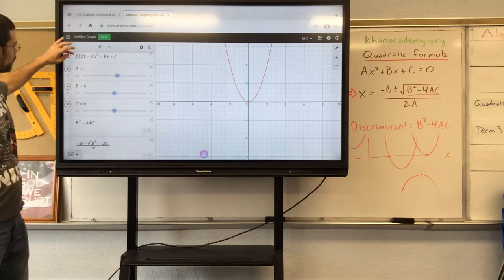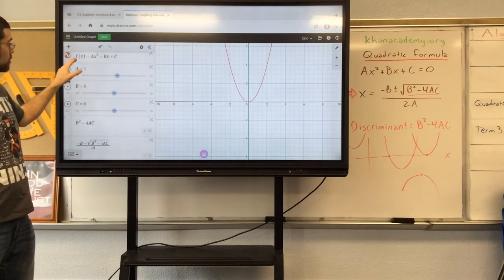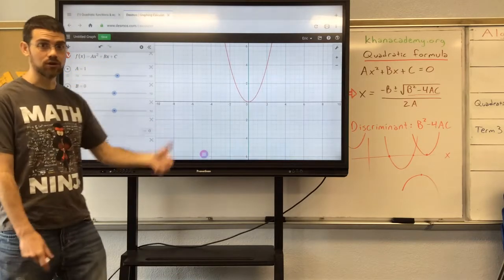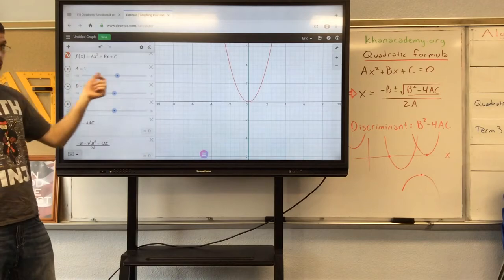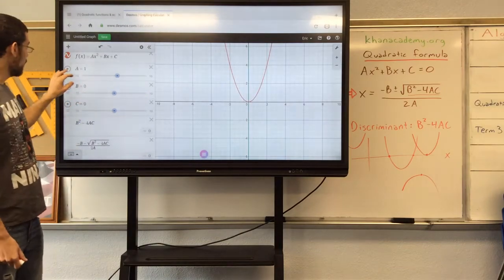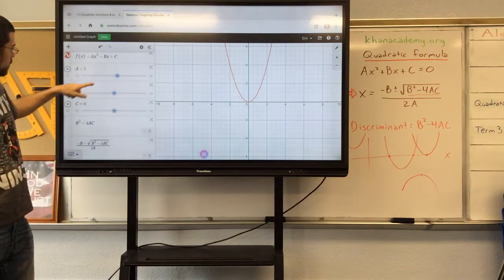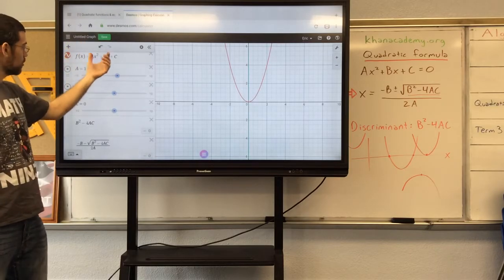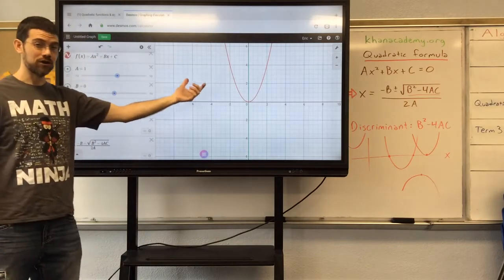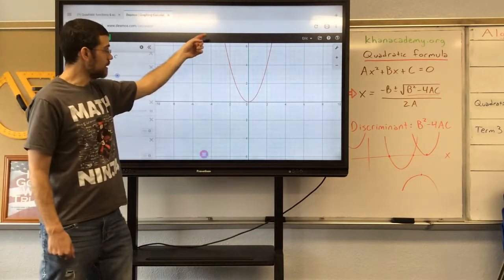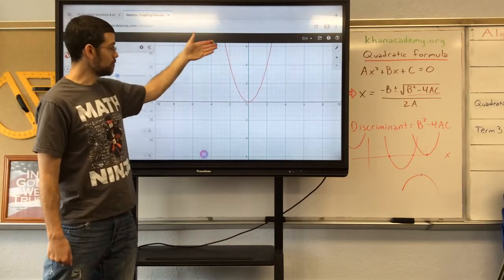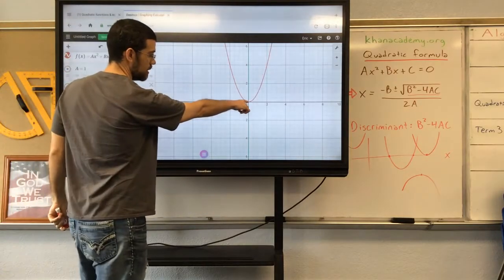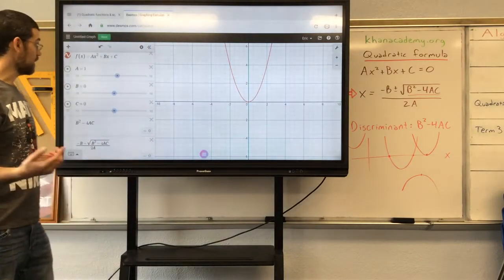I have a function that I've defined as f of x equals ax squared plus bx plus c, so it's in this standard form. And right now, a is 1, so it's x squared. B is 0 and c is 0. So this function is the parent function for a quadratic. It's just f of x equals x squared. And as you can see, it hits the origin at its vertex.